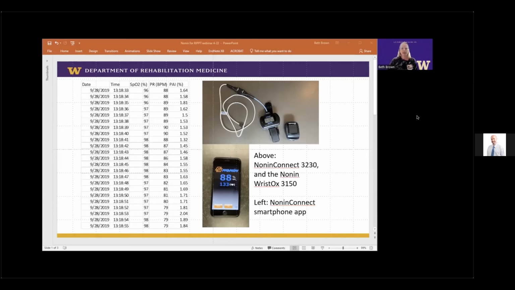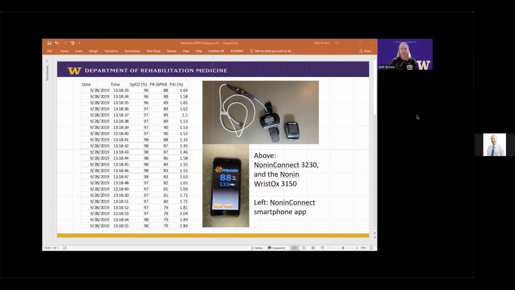Typically, the PAI is 0 to 20% is what you'll see there. Greater than 0.3 is a strong signal. Between about 0.1 and 0.3 is probably okay, and less than 0.1 is not valid. And so the algorithms already within Nonin will clean those up pretty well, we've found. And it keeps the investigator from having to do all of it, which is great.